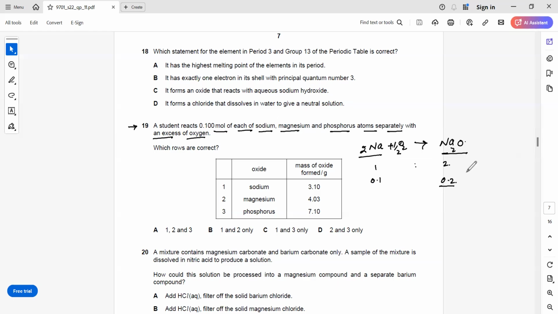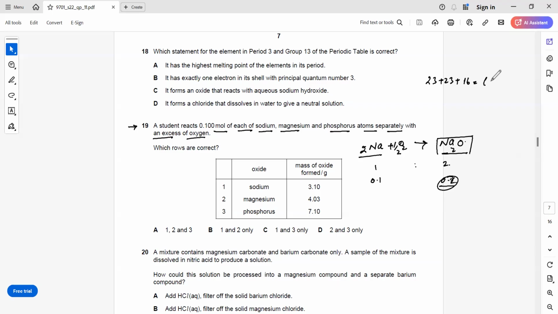And if we calculate its mass, we have to multiply this number of moles with its molar mass. So let's find out the molar mass of Na2O. It's 23 plus 23 plus 16, so the total mass of Na2O is 62.